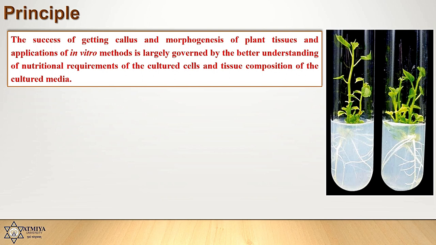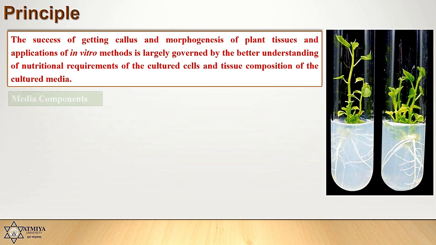In practice, nutritional components promoting optimal growth of tissue under laboratory conditions may vary with respect to the particular species. Media composition was therefore formulated considering specific requirements of particular system.